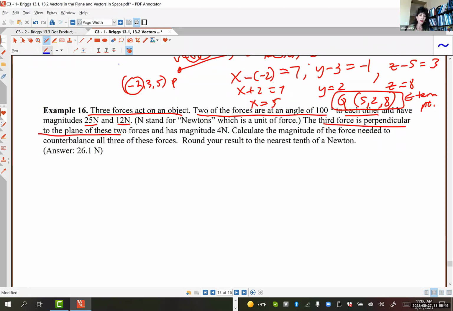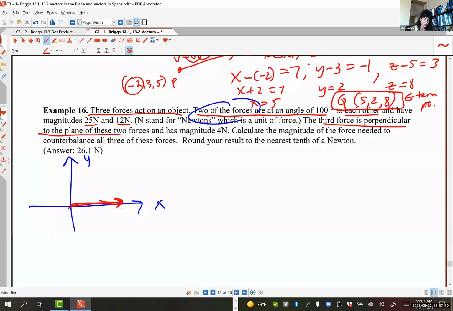This seems really hard. Well, first up, this is a 3D problem, but let me just start in 2D because it sounds like these 2 forces are in the same plane. So let's just assume they're in the XY plane. The first force, let's pretend he's sitting on the x-axis. Hey, we get to decide.